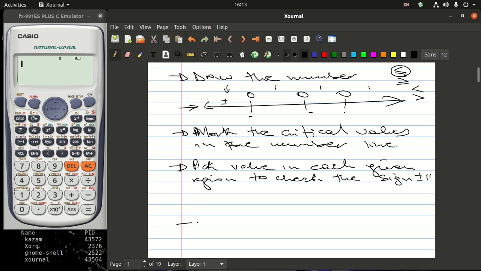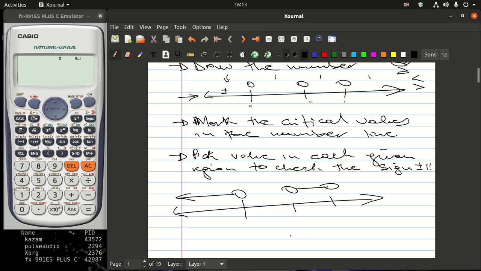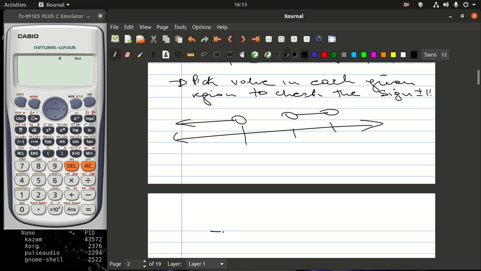We said you're going to end up with something of this sort. And what we don't really want to do is this, if you have a quadratic.